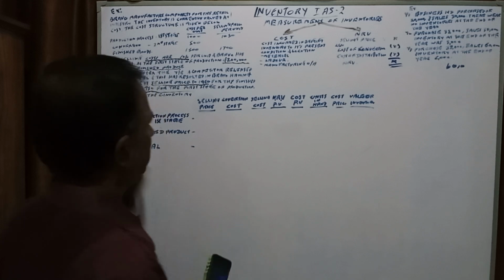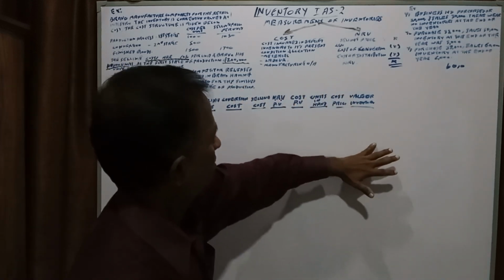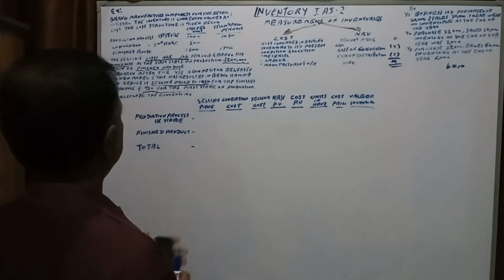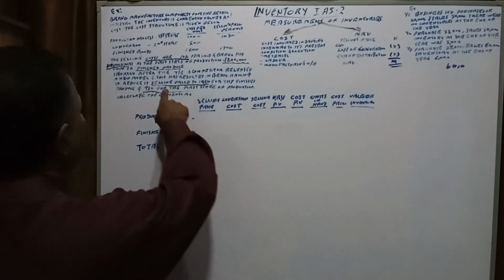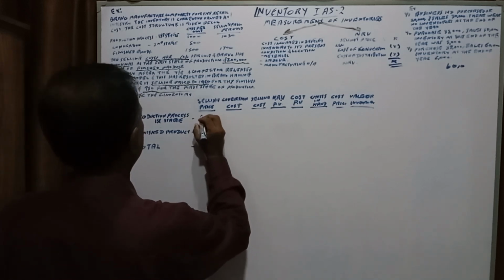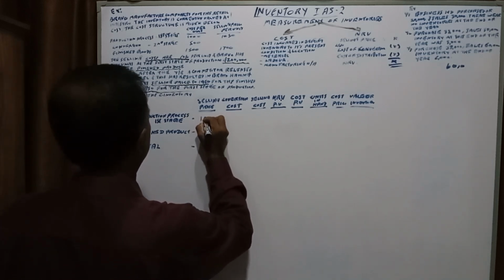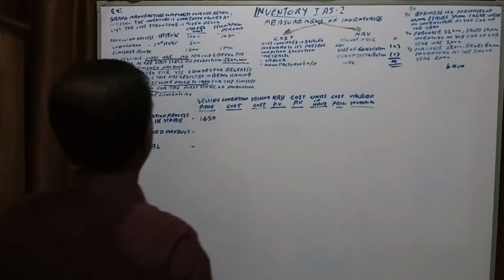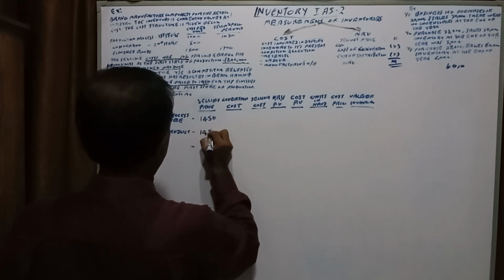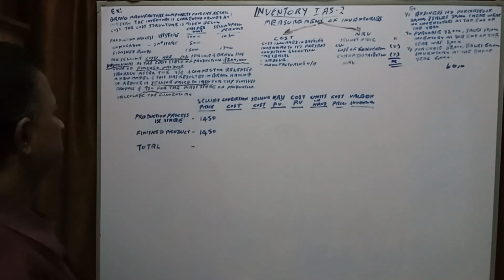Now we can come to the question. We have taken all the required things here. So now we can take the price. What is the selling price? This is 1450. Here also we have to take 1450 as the selling price.